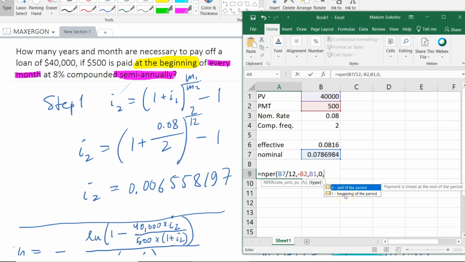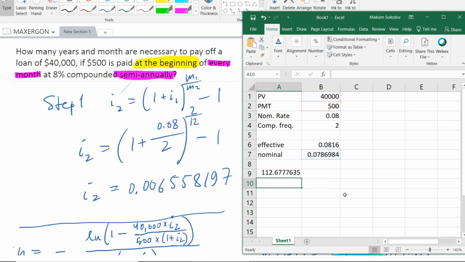And we'll select beginning of period because that's due annuity. Let's compute it. It's going to be 112.68. Exactly the same answer as we found in our algebraic solution, which results in 113 payments. However, in terms of months, it's 112 months for reasons I already explained. This finalizes the solution for this problem.